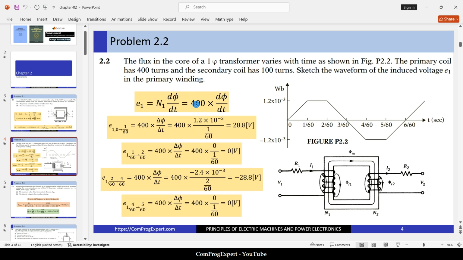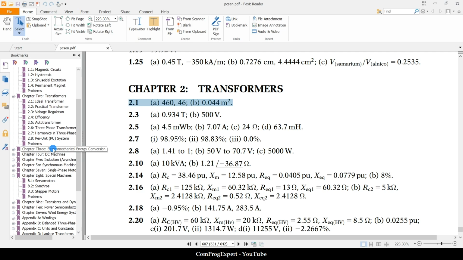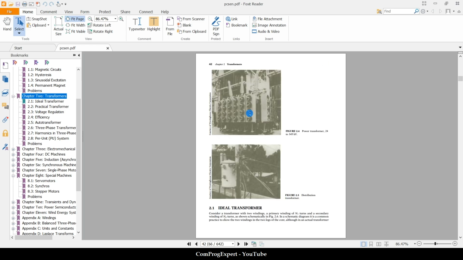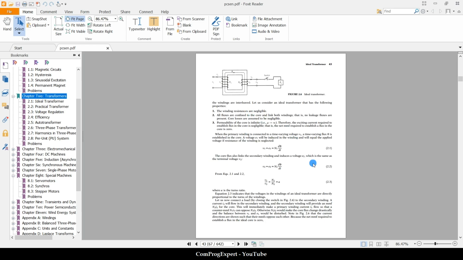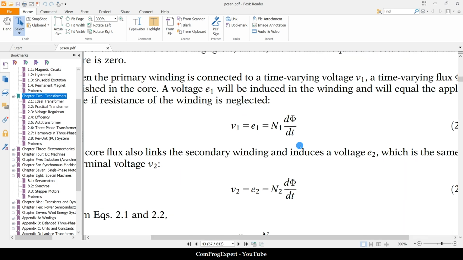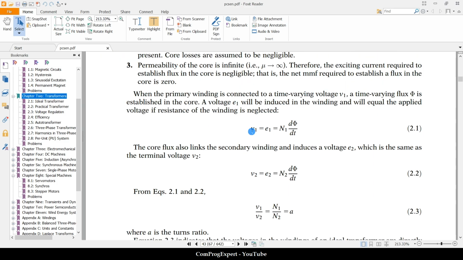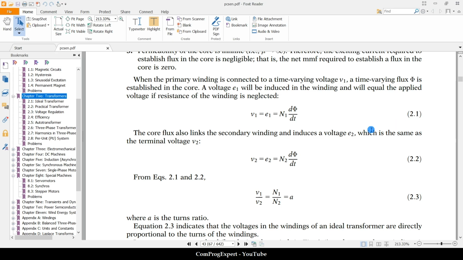So N1 is equal to 400, and we should calculate the derivative of this function. Here let's also review some equations from chapter 2, right? This one. This is the equation also explained in chapter 2, equation 2.1.